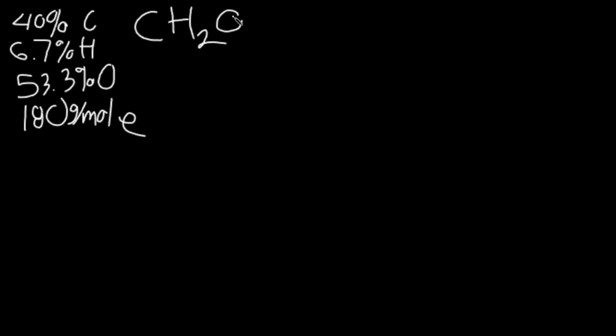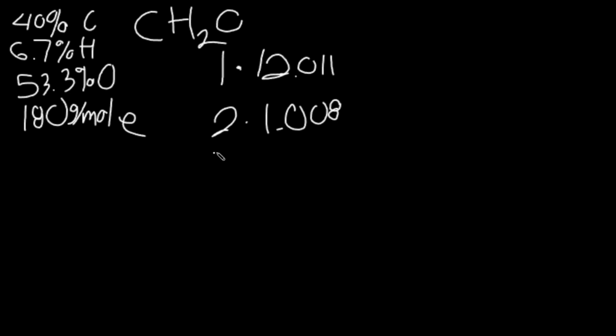Using the empirical formula, we can finally find the molecular formula by multiplying the subscripts by the molar mass of each element. So basically, carbon, since there's only one carbon, we multiply 1 times 12.011. Then hydrogen, we have 2 times the molar mass, 1.008. And of course, oxygen 1 times 15.999.